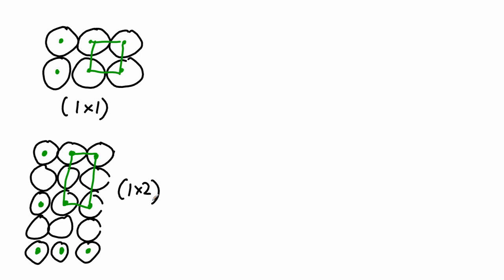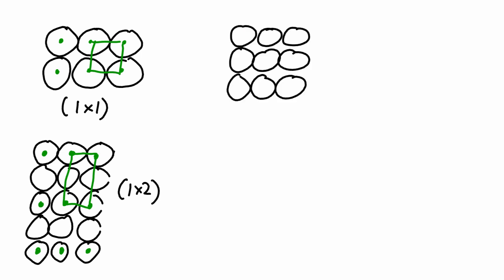We can also have add layers that are rotated. So here we have an add layer where the unit cell is rotated by 45 degrees from the substrate unit cell.